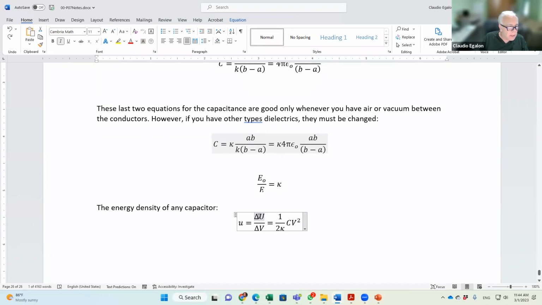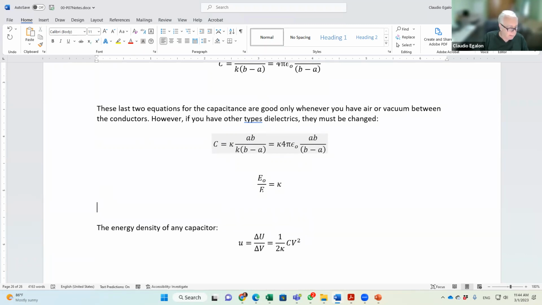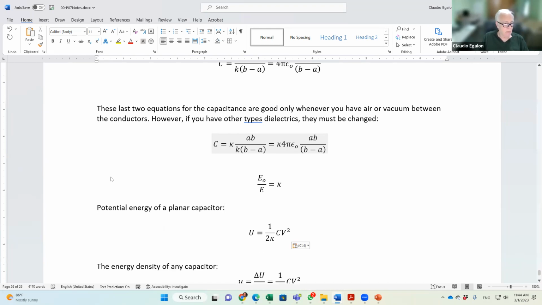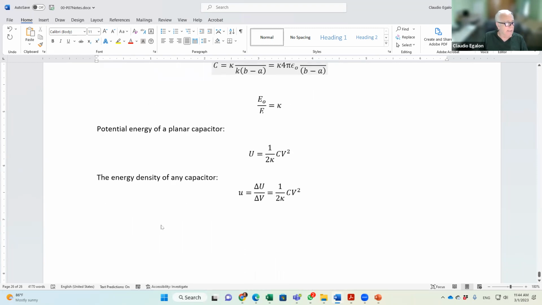This one is the potential energy of a planar capacitor. And then the energy density of any capacitor is epsilon naught E square.